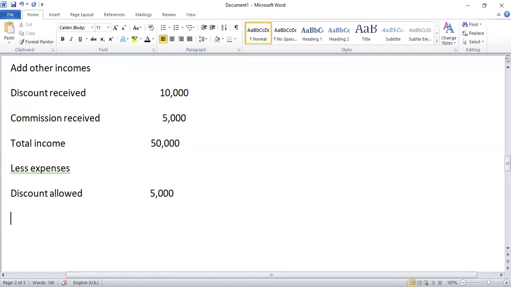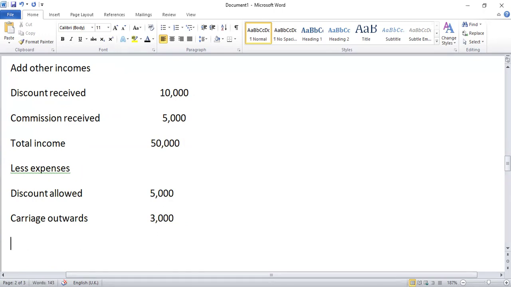And you also have carriage outward, 3,000.